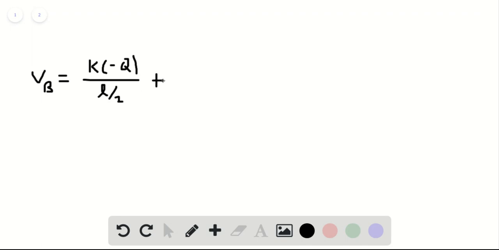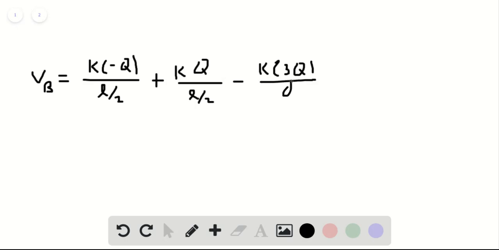Plus the charge in the next adjacent corner is Q. So it'd be K times Q divided by L over 2, plus the charge in the opposite corner, which is minus 3Q. So I'm just going to pull the minus sign out front this time, since you know what I'm doing. So this is K times 3Q divided by, and that one is the distance D.